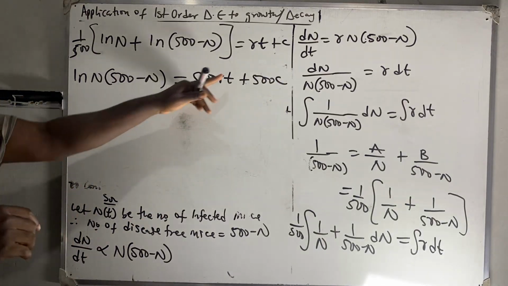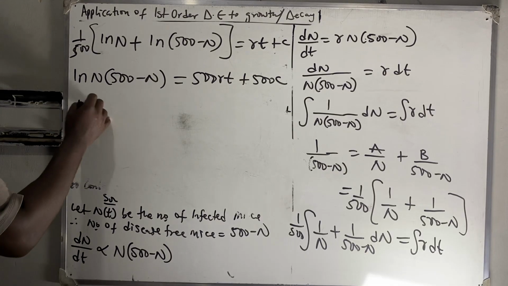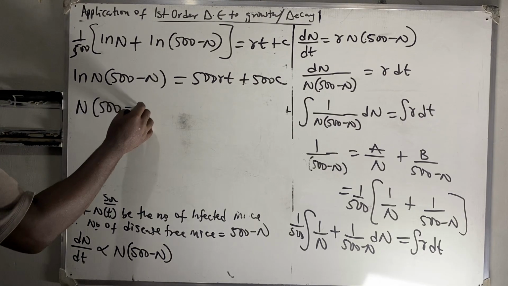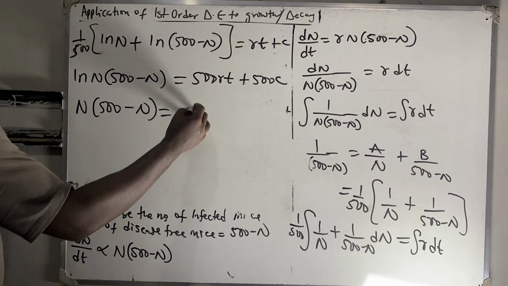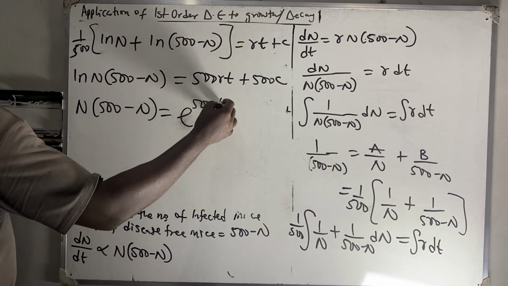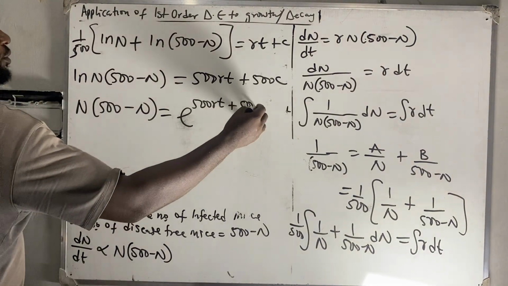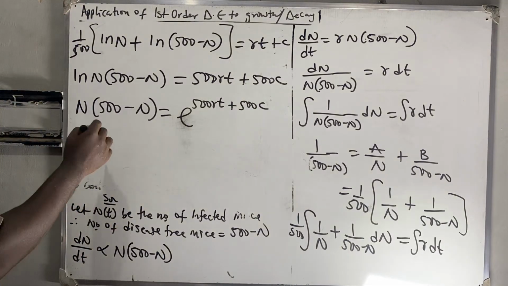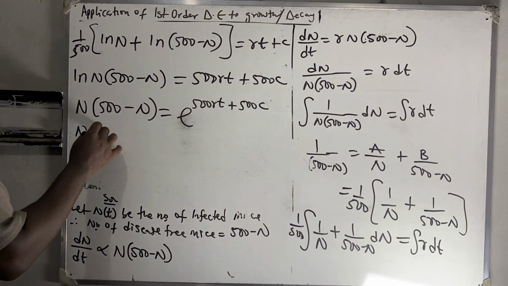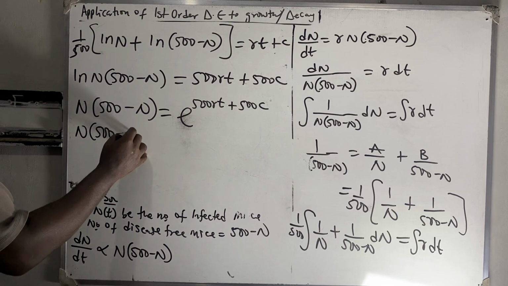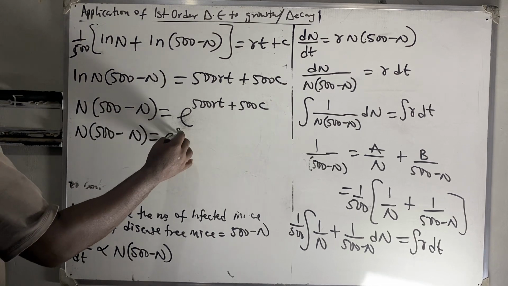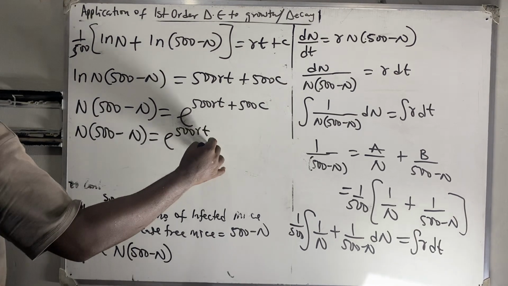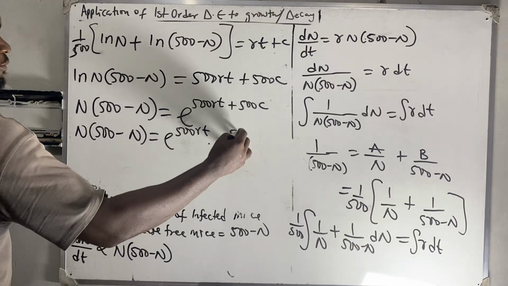Now the ln moves to become exponential, so n into 500 minus n is equal to exponential of 500rt plus 500c. Separating, n into 500 minus n is equal to exponential of 500rt multiplied by exponential of 500c.